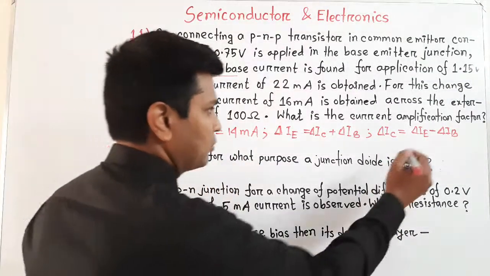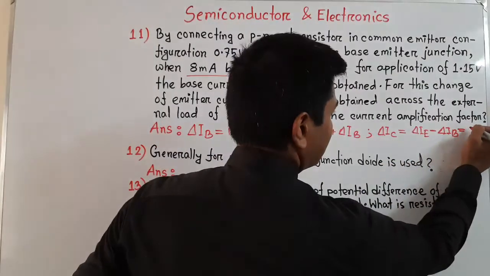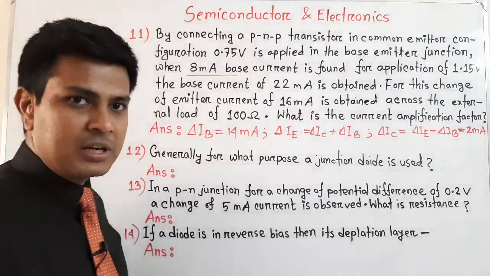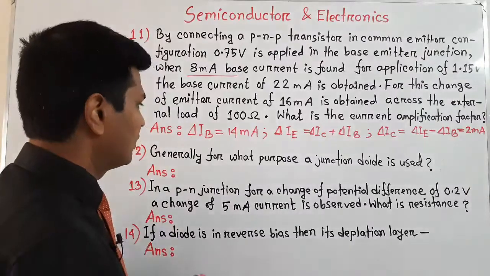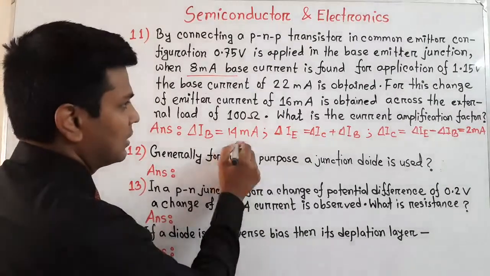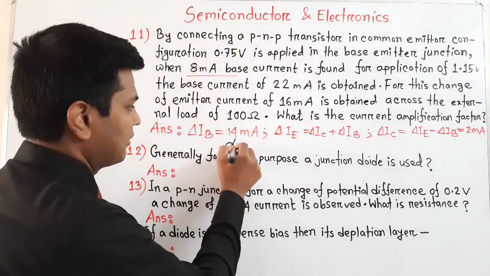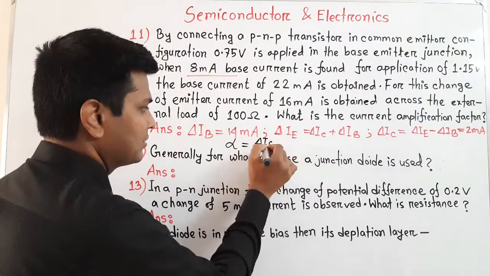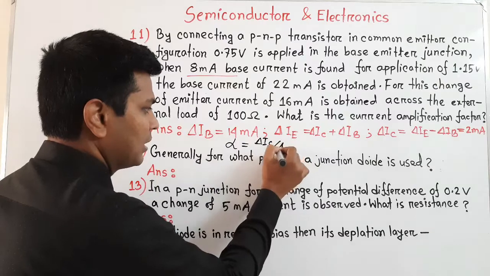So after subtraction we get here 2 milliampere collector current.